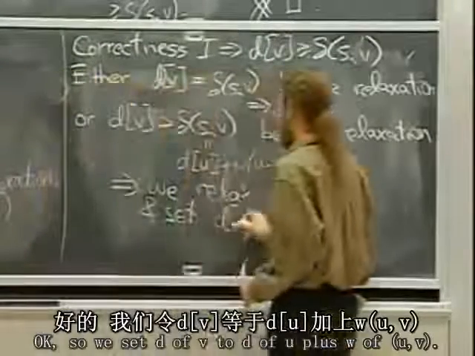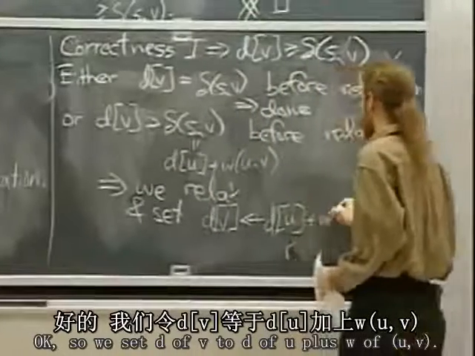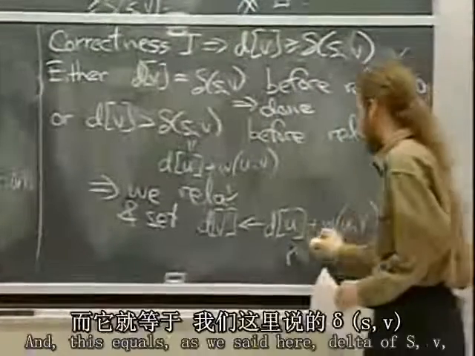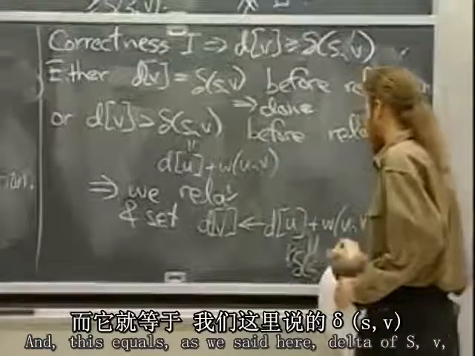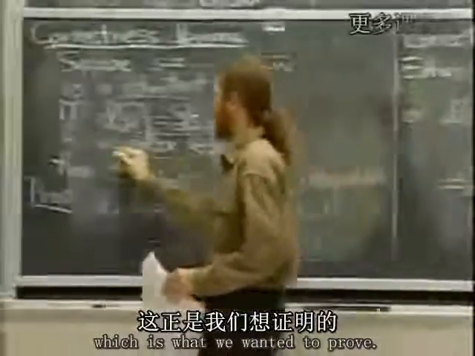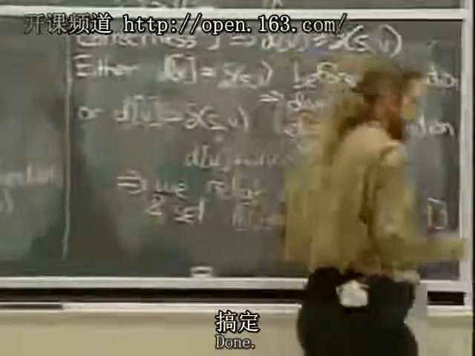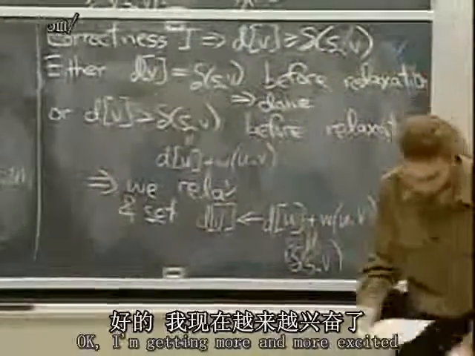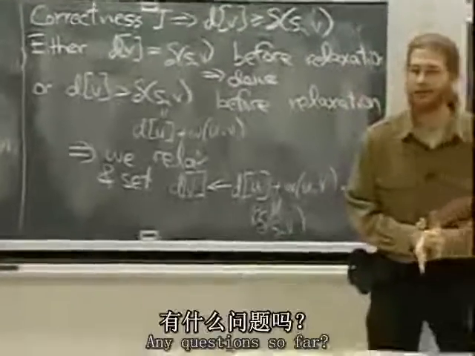And this equals, as we said here, delta of s comma v, which is what we wanted to prove. Done. I'm getting more and more excited as we get into the meat of this proof. Any questions so far?